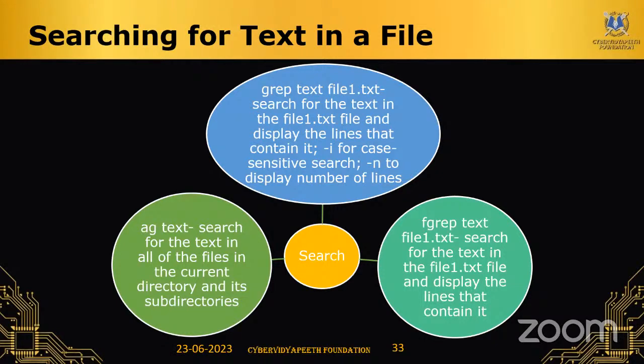The grep command can search for regular expressions also, but fgrep can only search for strings. Syntax for fgrep is also very simple. First we will write fgrep, then the text we want to search, then we will provide the file name.